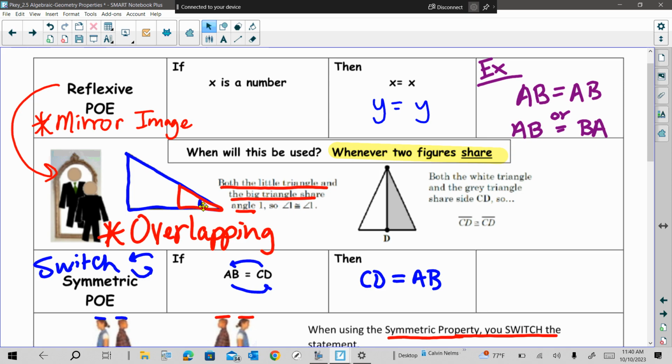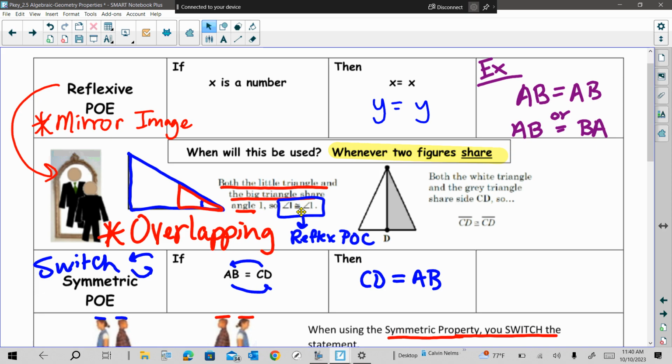And if you notice, angle 1 is in both triangles. Because they're overlapping and they share that angle, then angle 1 is congruent to angle 1 using the reflexive property. If you have overlapping figures, then you're going to have a shared angle.